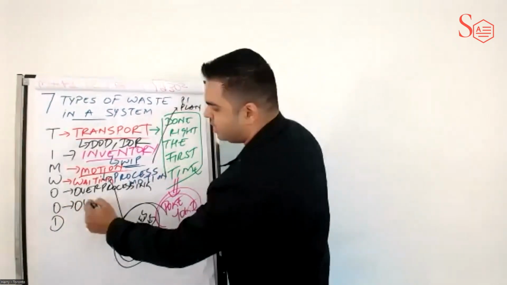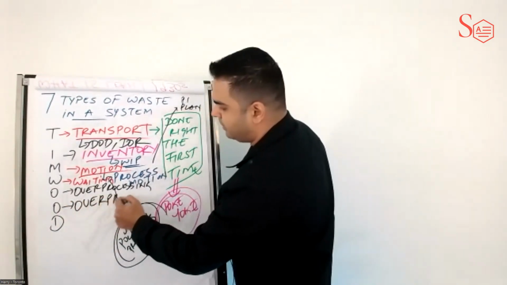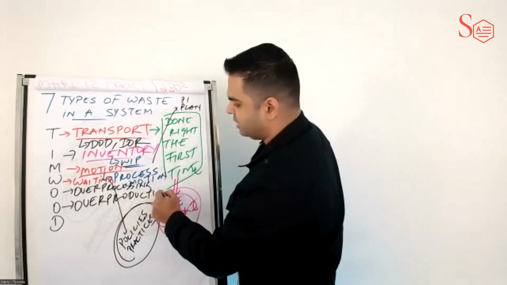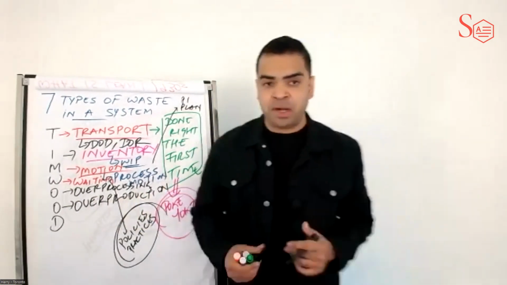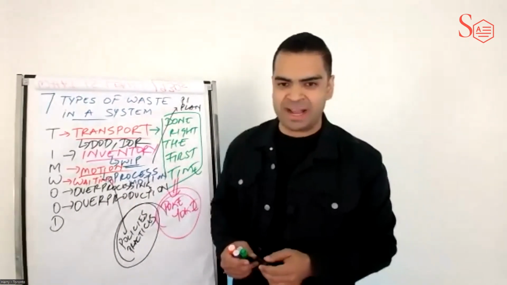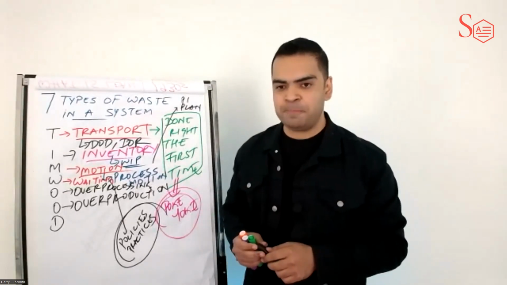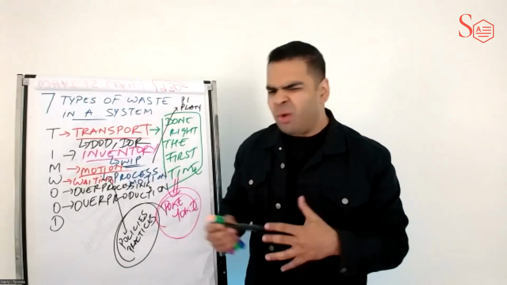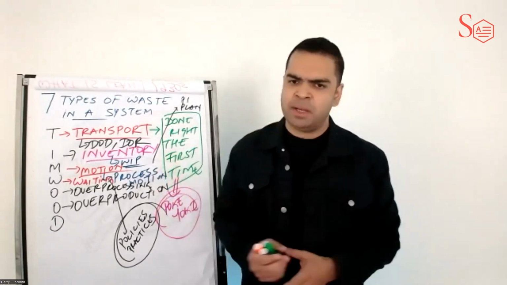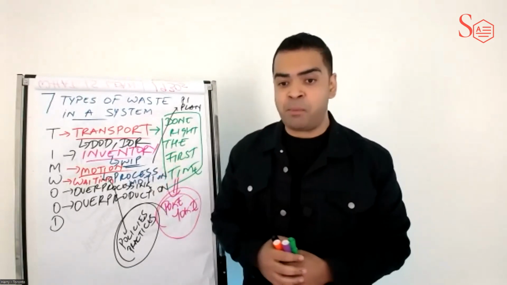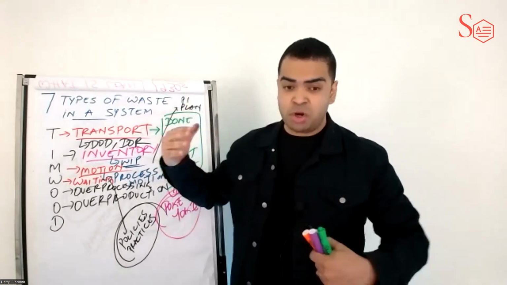Good stuff. The second O is over production, which means producing more than what our systems can or what our customers can consume. Now we have less of this problem, in my biased opinion. We have a bigger problem of underproduction. We're not producing enough.